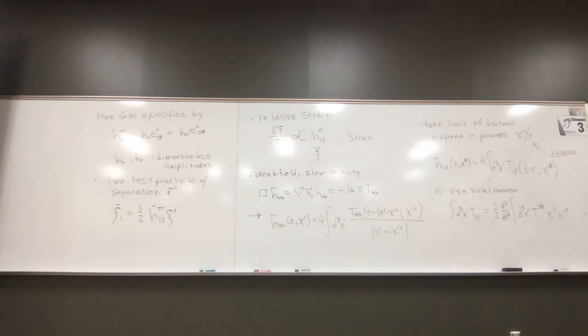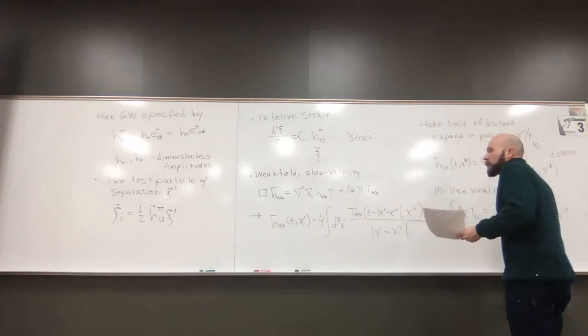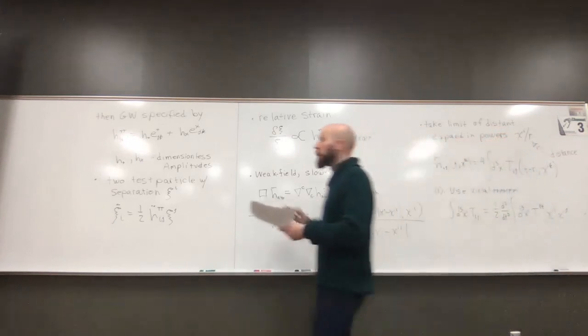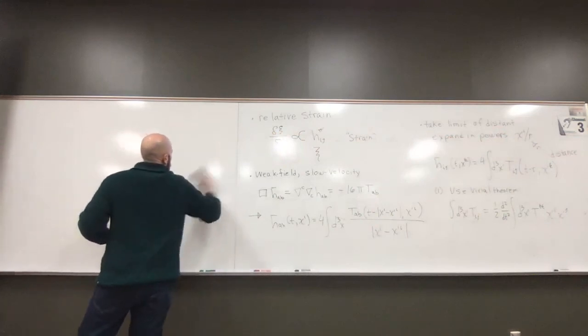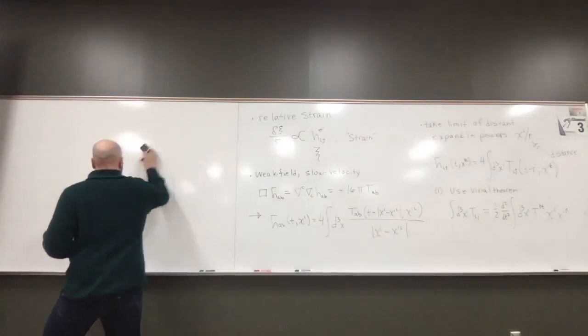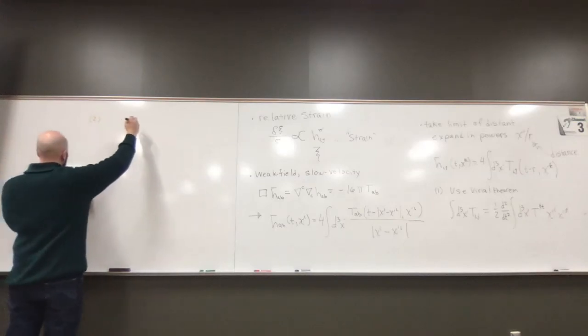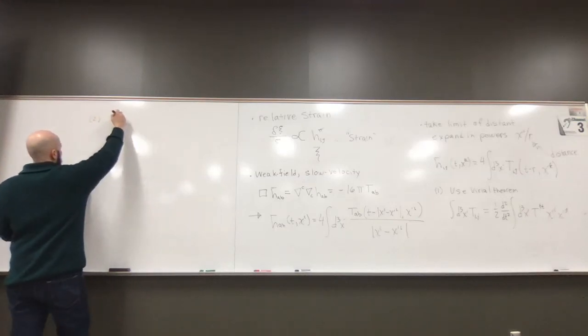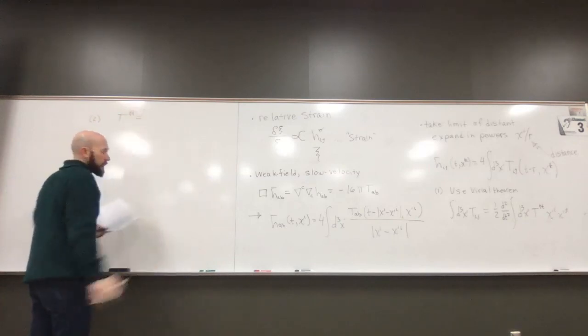I'm balancing kinetic and potential energies, essentially, represented by this. Okay? Cool. So that's relationship 1 that we're going to use. Relationship 2 that we can use is in the Newtonian limit, the time component of the stress energy tensor is what?